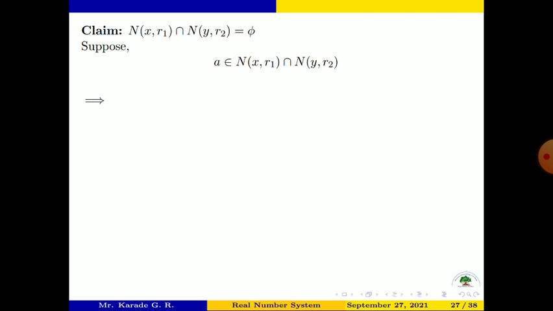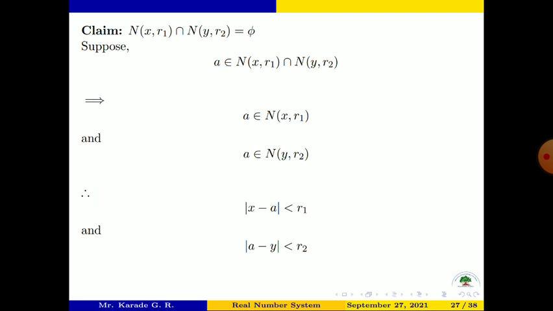Then a will be in each of these two neighborhoods. Therefore a belongs to the neighborhood of x with radius r1 and a belongs to the neighborhood of y with radius r2.